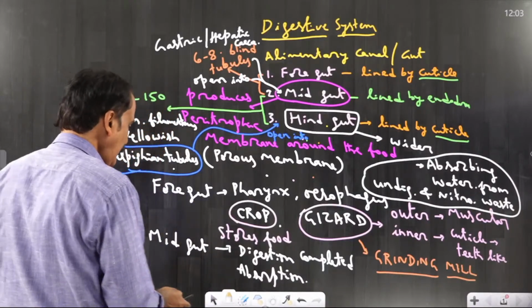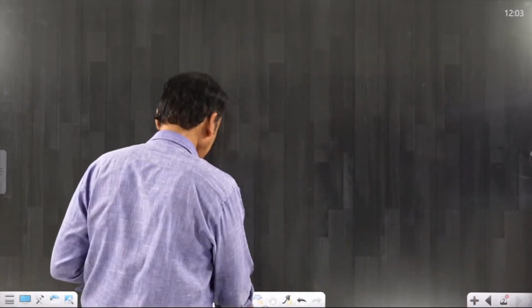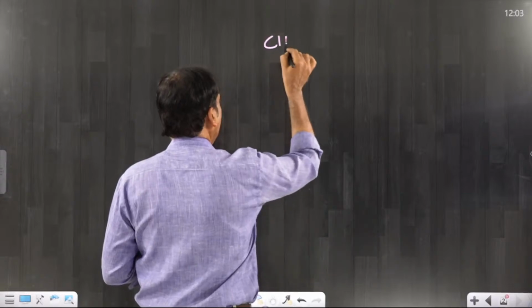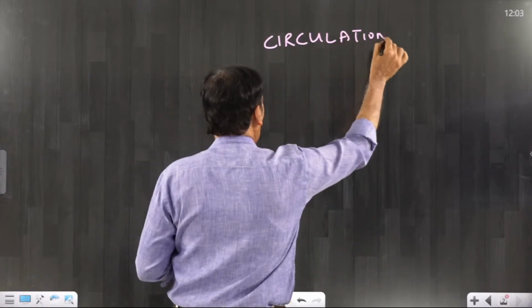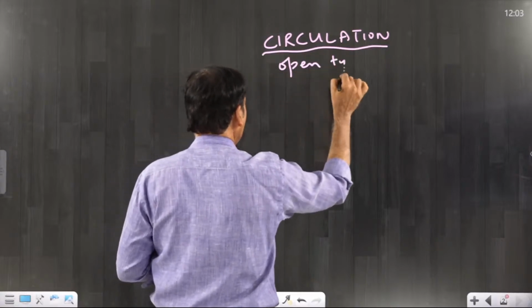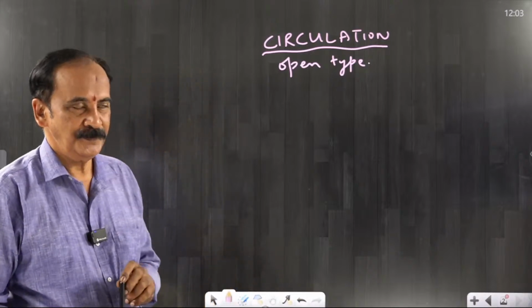And circulation in the animal, circulation in cockroach is said to be open type. Cockroach has open type of circulation.